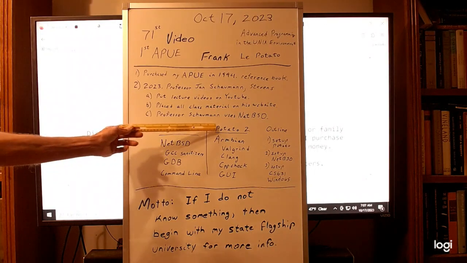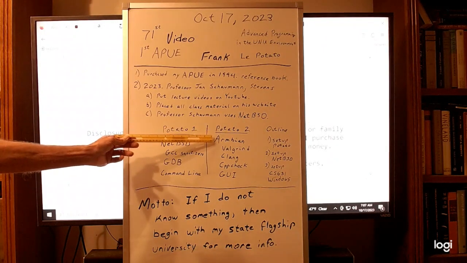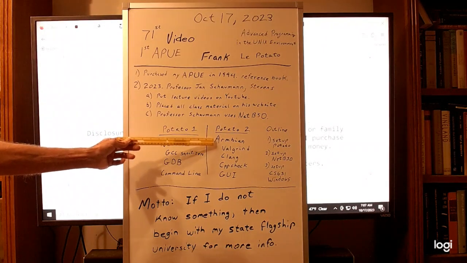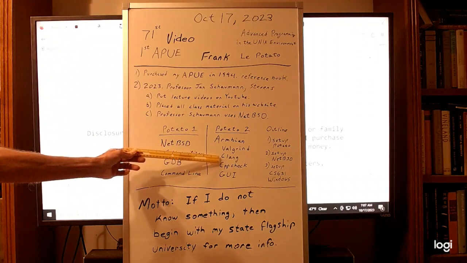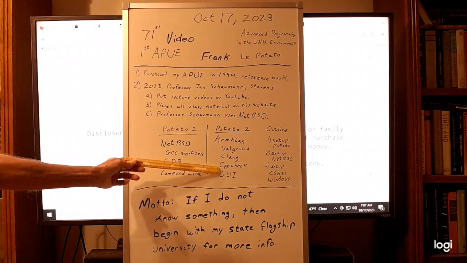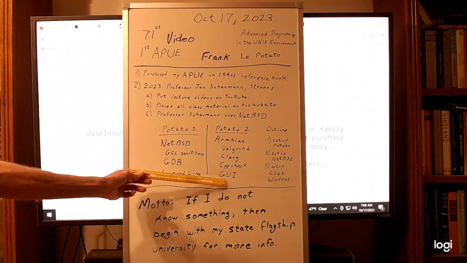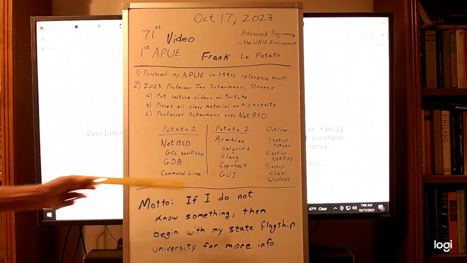On my potato number 2, I've got it running Armbian, and I want to use Valgrind, the Clang compiler, and C++ check, and I'll use a GUI interface.